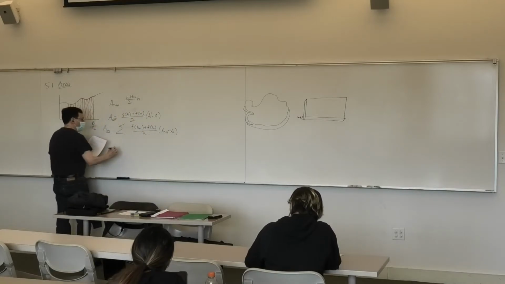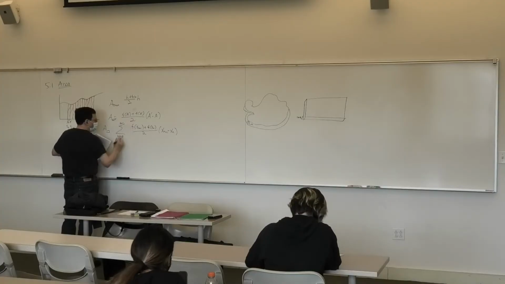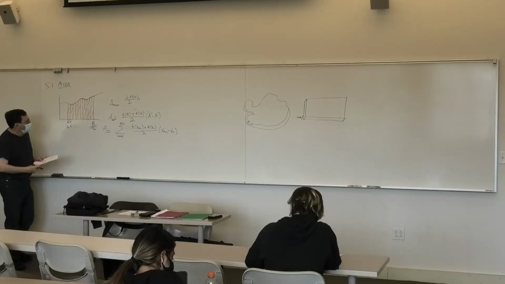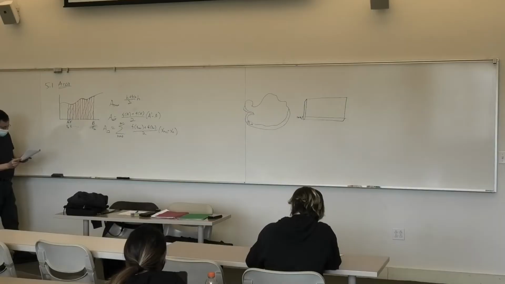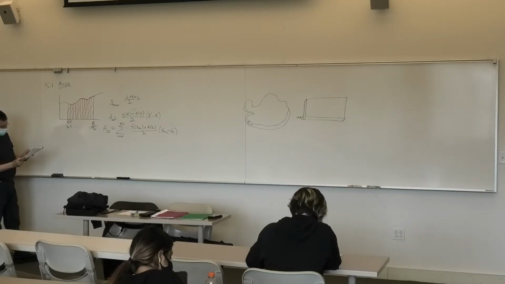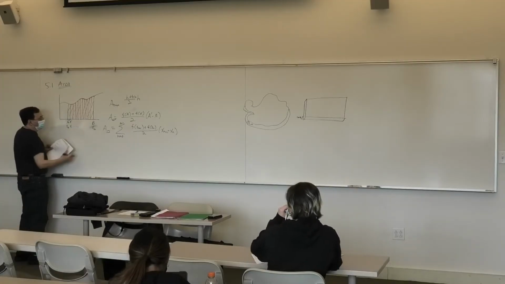And we're going to take this from n equals 0 to m minus 1. So we're going to add up all these trapezoids.